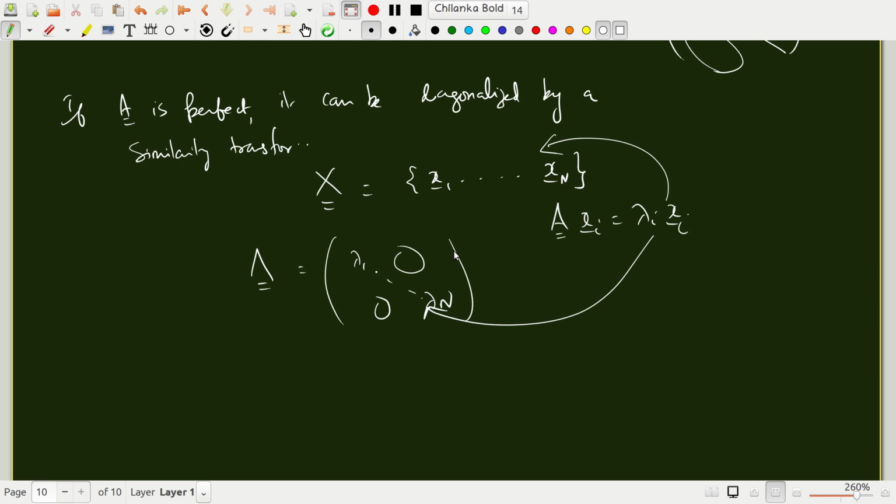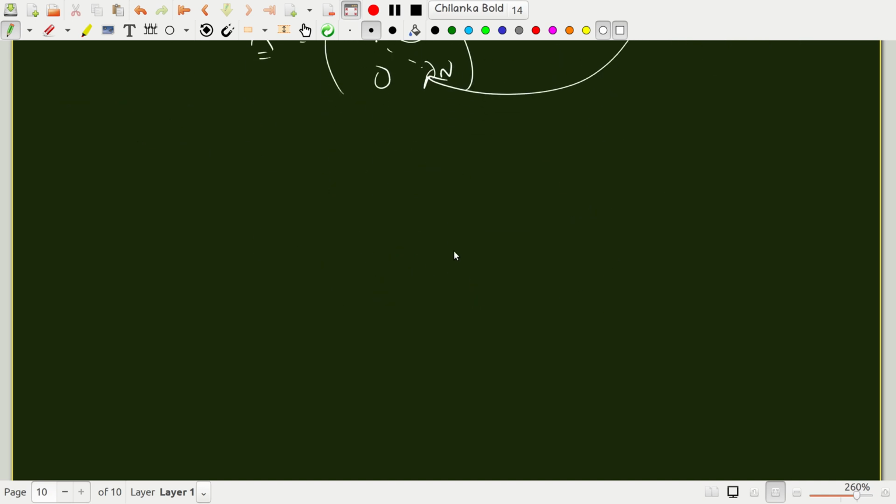So if you have a perfect matrix, you can solve differential equations like this using similarity, using diagonalization. You can do the same thing that we did before for orthogonal matrices. So perfect matrices allow for some simplifications. You can solve this by using z equal to X y, where X is the matrix comprising eigenvectors.